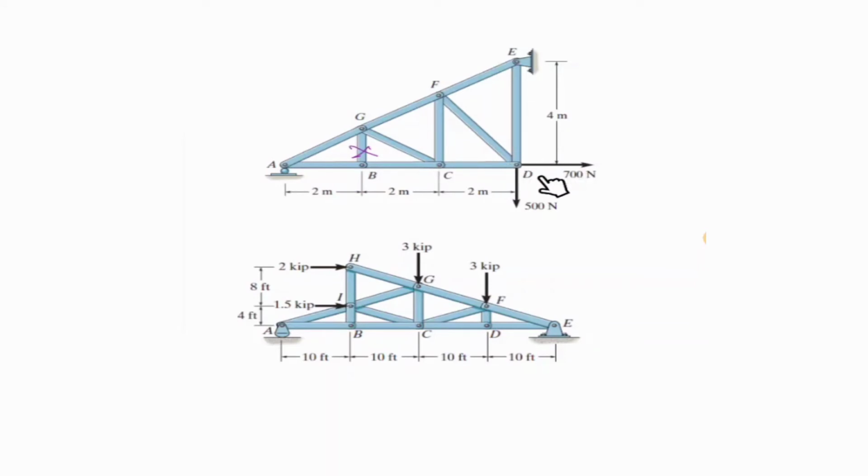Point D has external forces, point E has external forces. Point F, 4 links. Point G, one of the links connected to that is already a zero force member, we can ignore this. 1, 2, 3, 2 of them on the same line, meaning that this should be 0 as well.